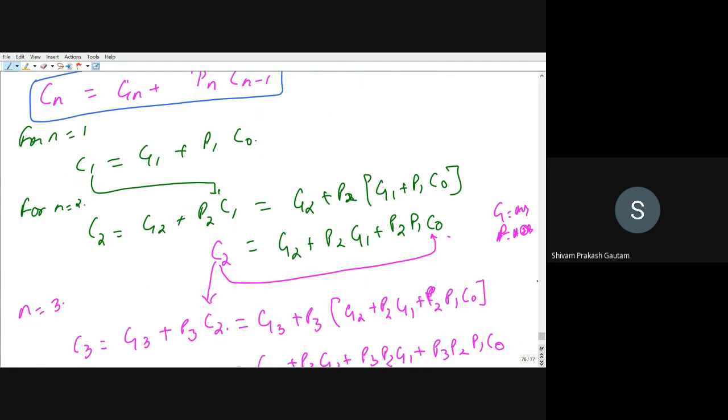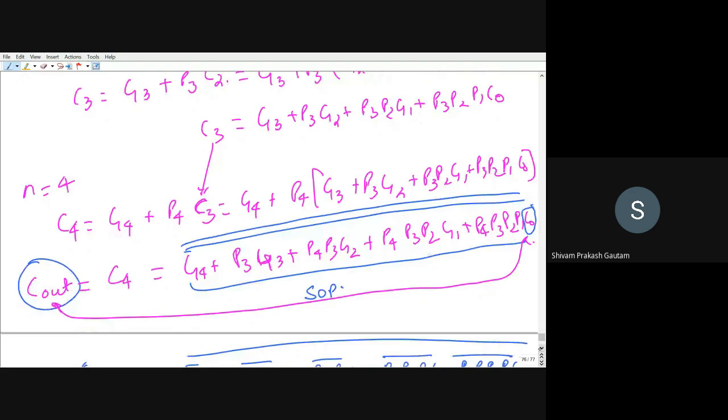So by putting in the equation, if this is a 4-bit number, this fourth carry out, you can see right now it's not dependent on C3, but it is only dependent on C0. You can see here, right?